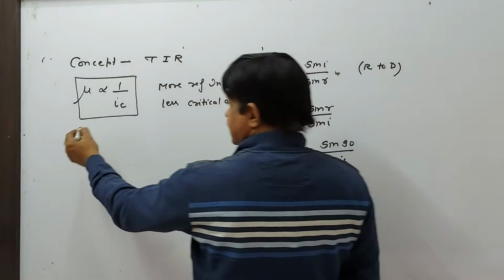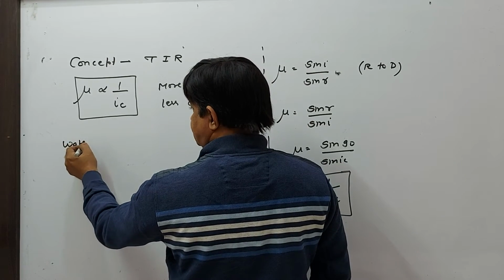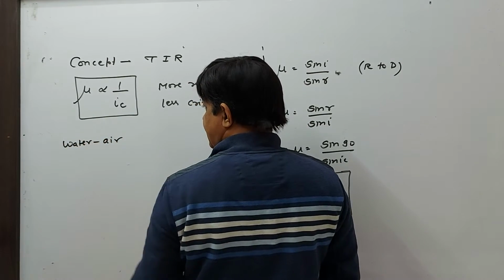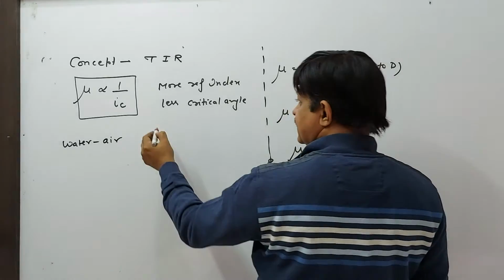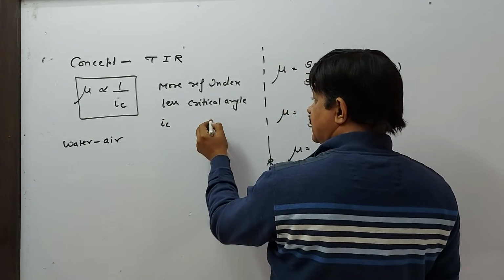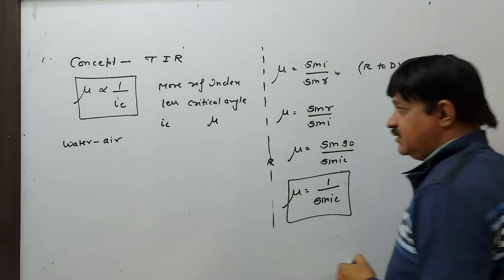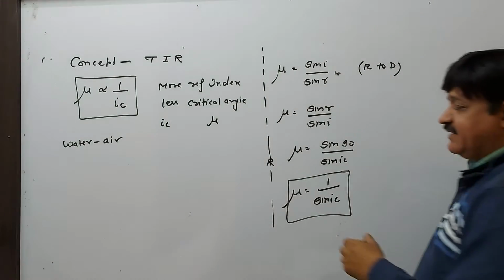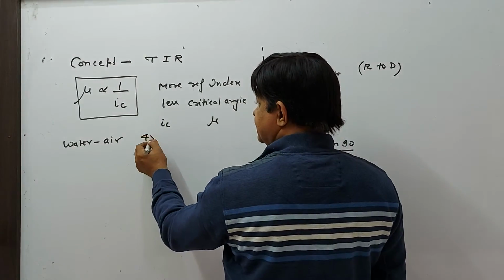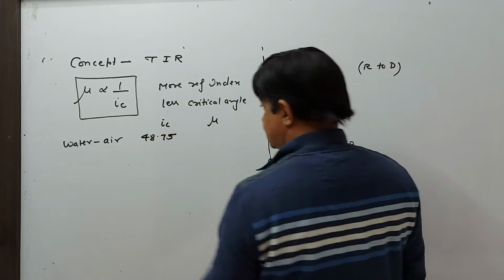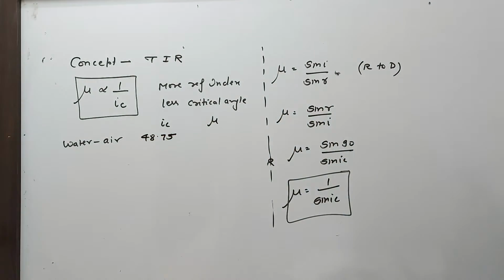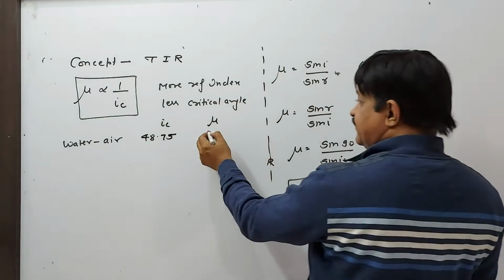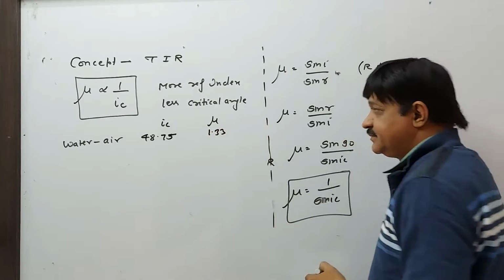For the water-air interface, the critical angle is found to be 48.75 degrees for a refractive index of 1.33.